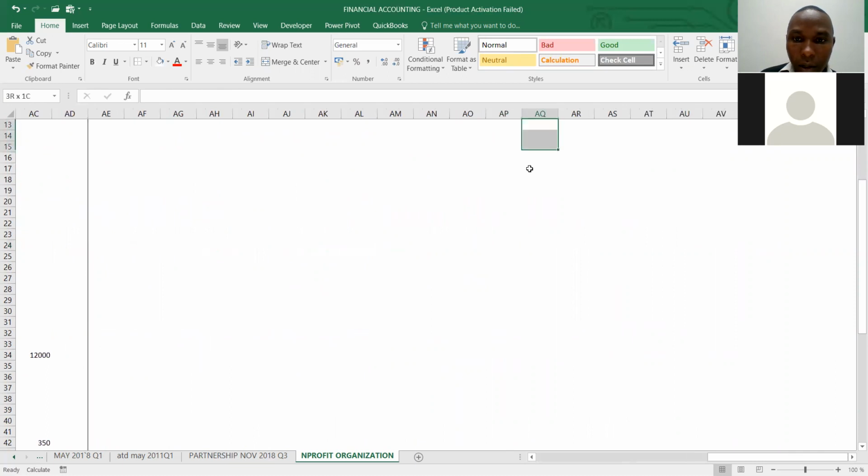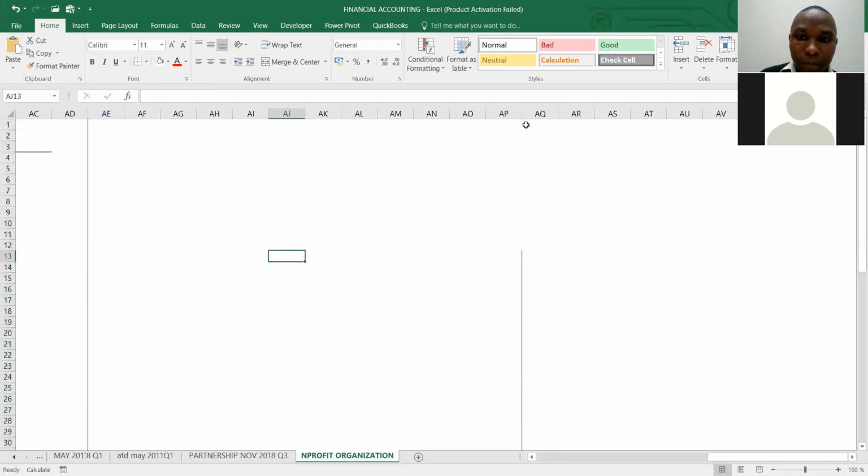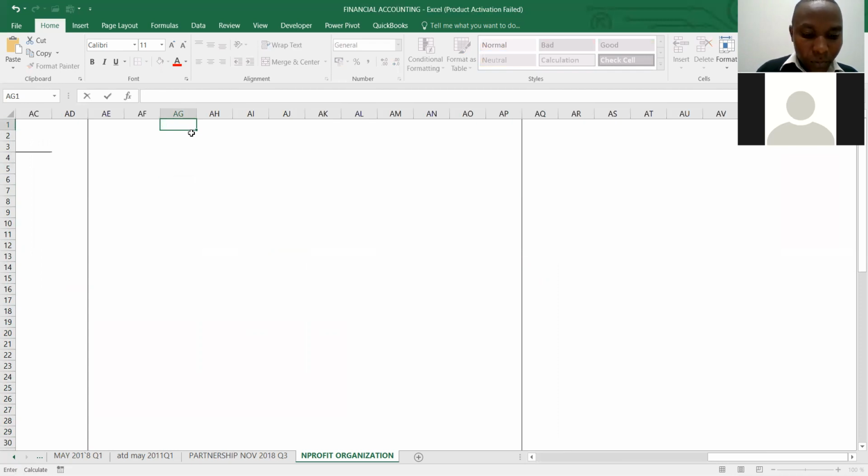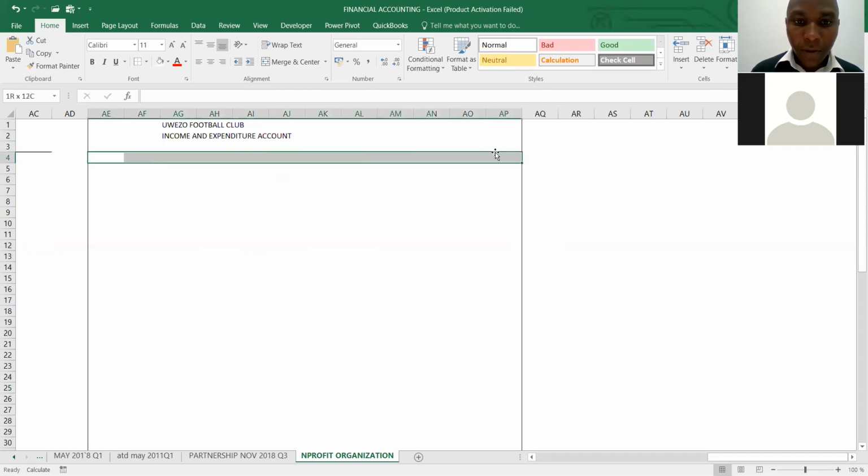So I will open it again here. Football club income and expenditure account. Here I will use a T format, not like the other statement.